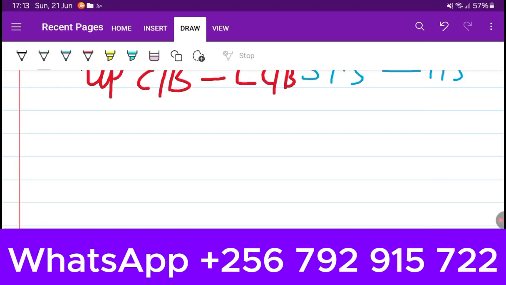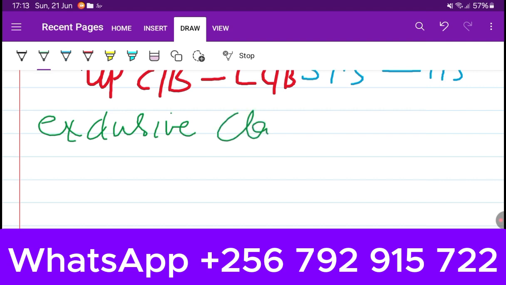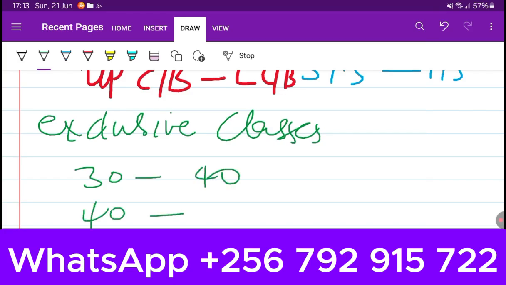Even if you are looking for exclusive classes, it's still the same, because you are going to have 30 to 40, maybe 40 to 50. These are class limits, but we say that in this case the class limits are the same as the class boundaries, because here we don't have the difference.